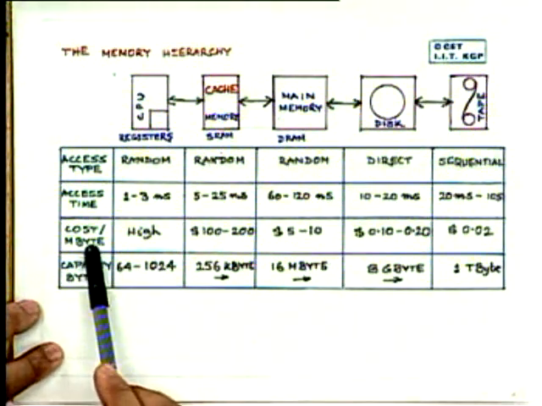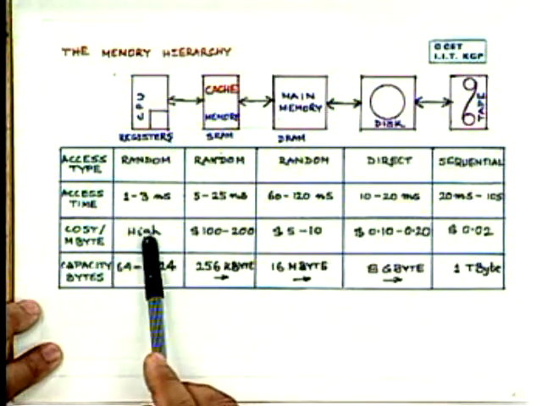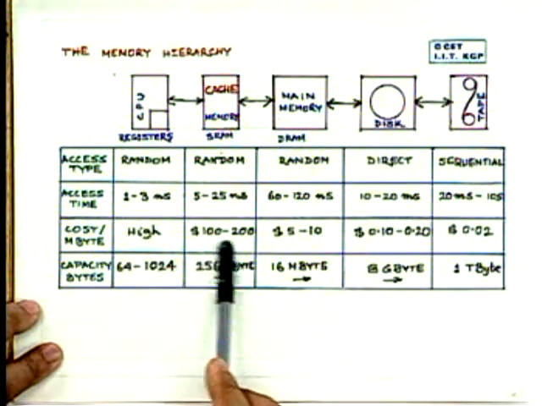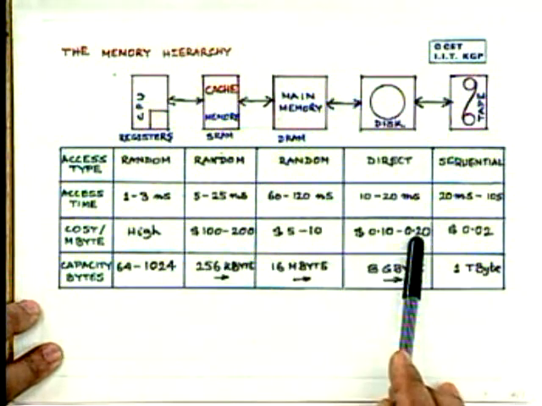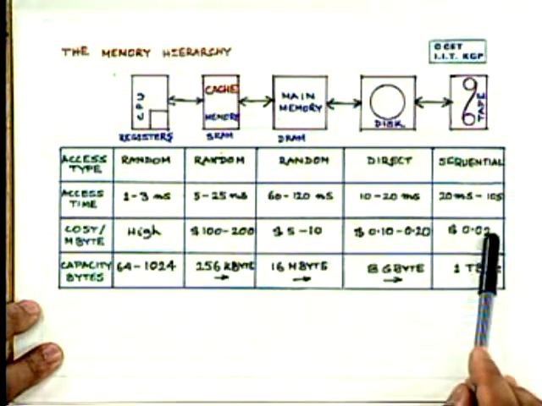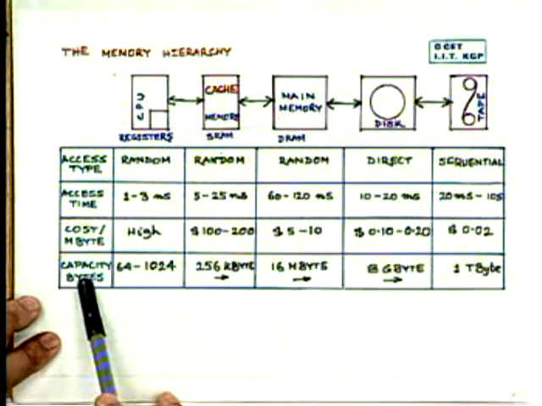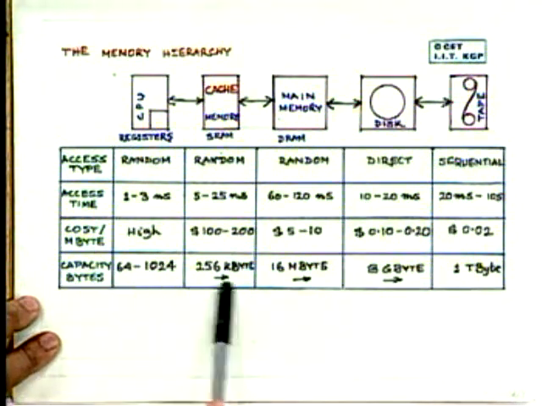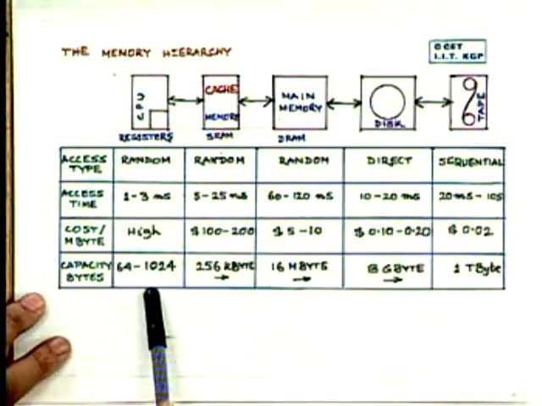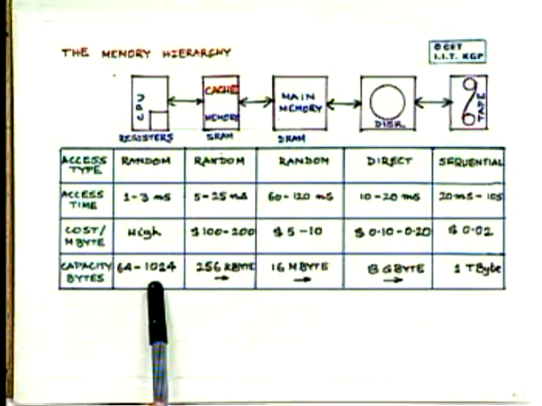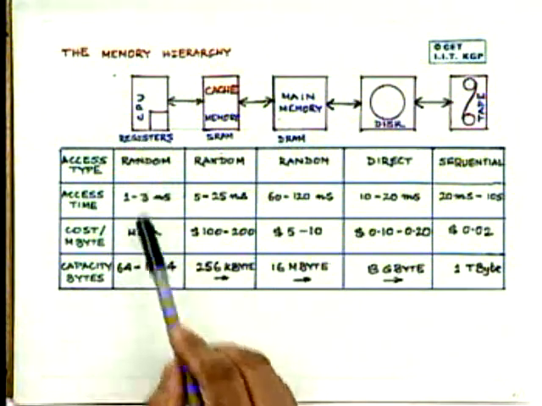Cost per megabyte, naturally pretty high here: $100 to $200 here, $5 to $10 here, $0.1 to $0.2 here, and $0.02 here. And for the capacity, I have shown the lower limits; now it is much greater than that.